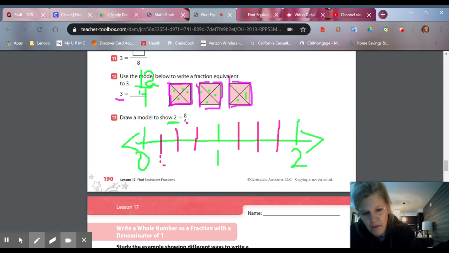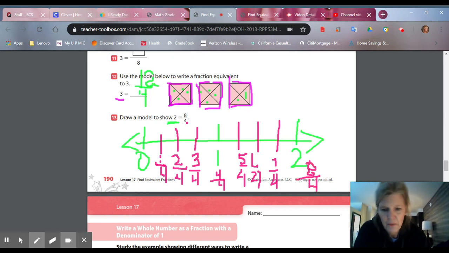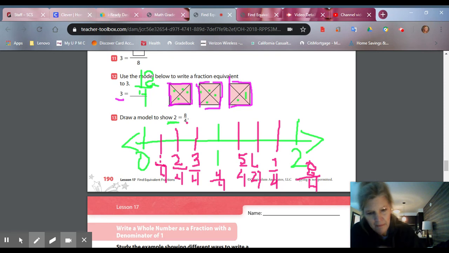So this would be 1/4, maybe 2/4, 3/4, and 4/4 is 1, right? 5/4, 6/4, 7/4, and 8/4. So that's one way you can do that. You can use a number line, or you can use shapes.